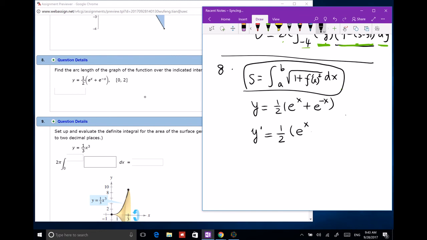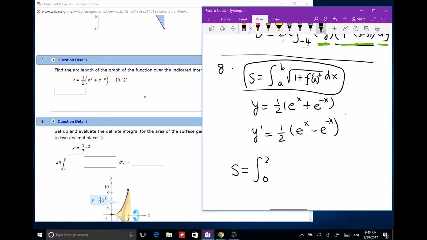E to negative x is e to negative x, but it would have a negative sign. Now just plug it back into the formula. So you have s equals from 0 to 2 square root of 1 plus 1/2 e to x minus e to negative x squared dx.